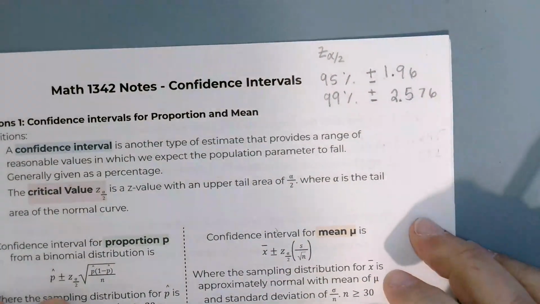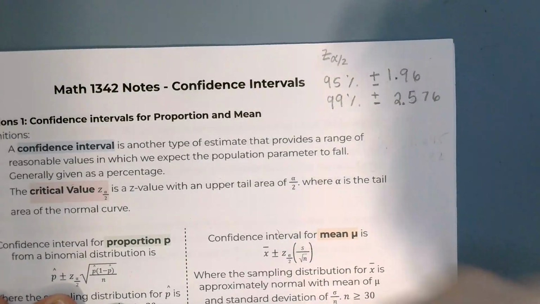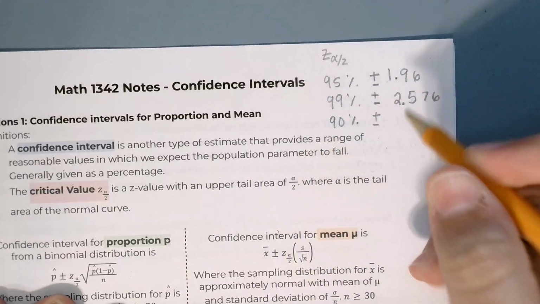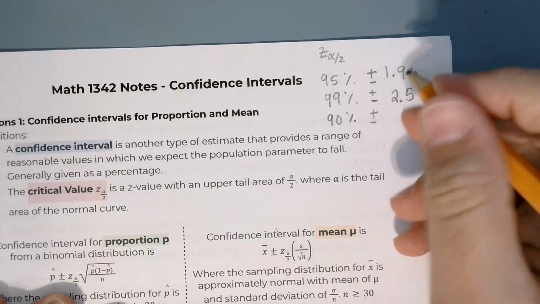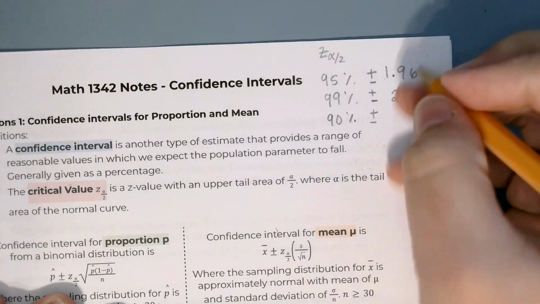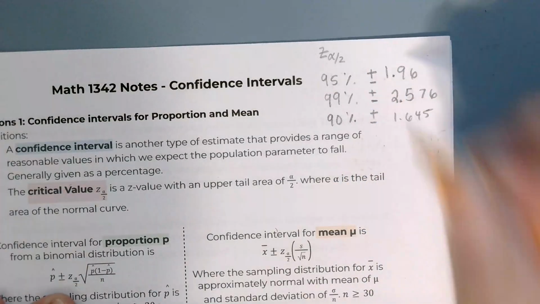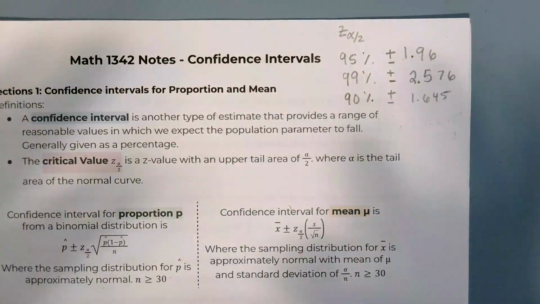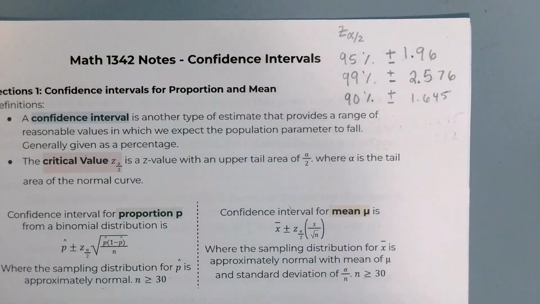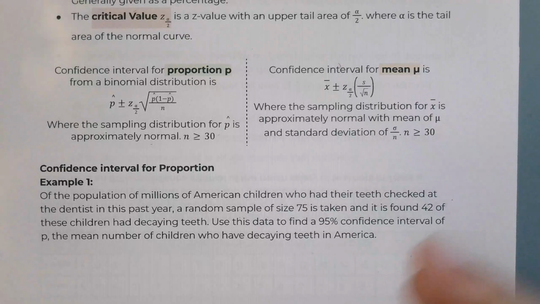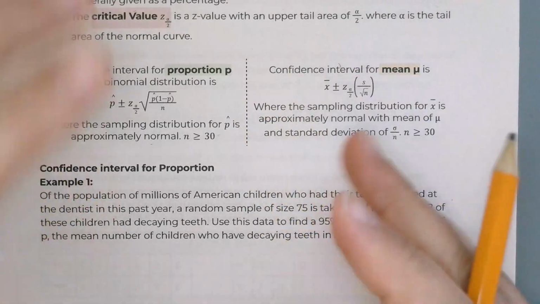There you go, 2.576. And sometimes we also use a 90% confidence interval with a critical value of 1.645. And again, that's symmetrical, so it's on the positive and the negative side because we're going to be running a 2-tailed test, because we want the 95% area to be in the middle.